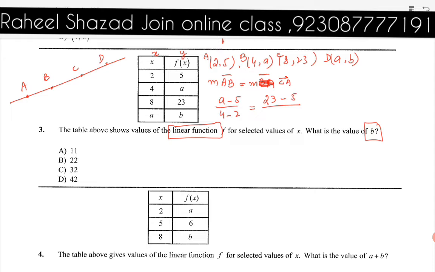Since gradient of AB and AC would be the same, this will help us find the value of a directly. So 23 minus 5 and 8 minus 2.